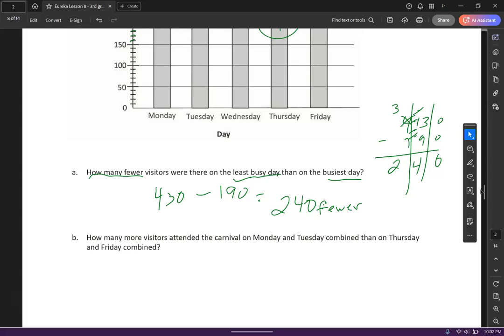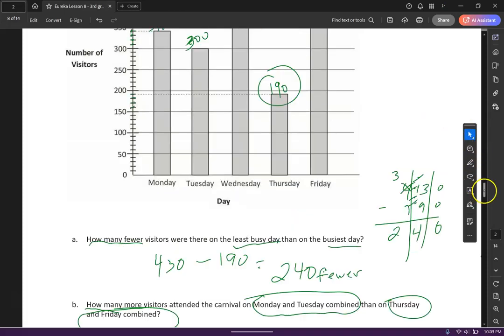B, how many more visitors attended the carnival on Monday and Tuesday combined than on Thursday and Friday combined? So I'm going to have to combine Monday and Tuesday, and then combine Thursday and Friday, and then find how many more.